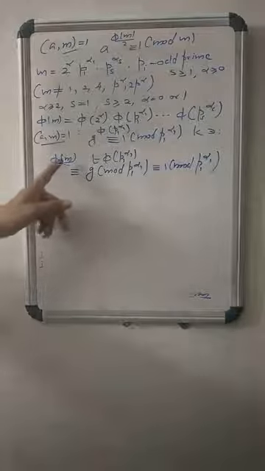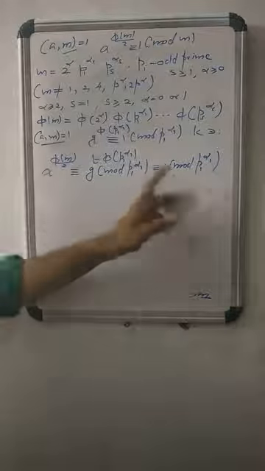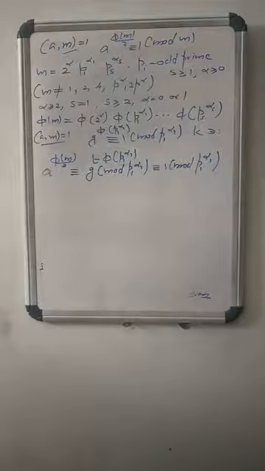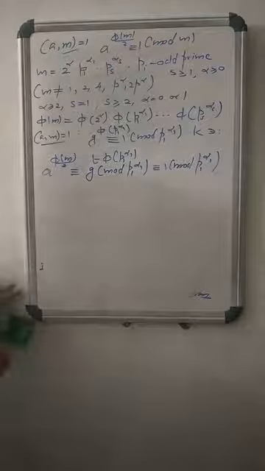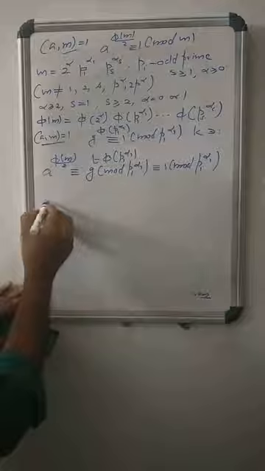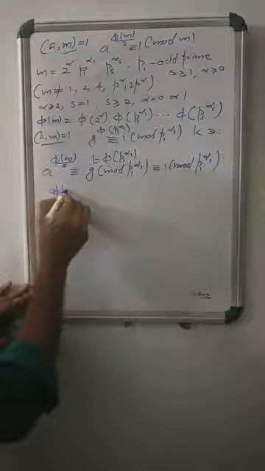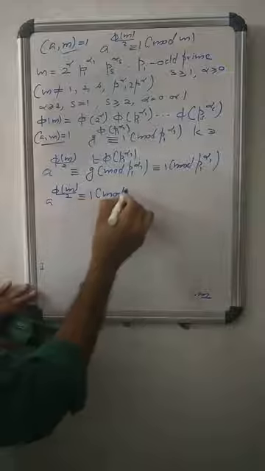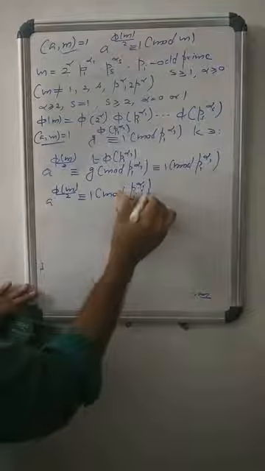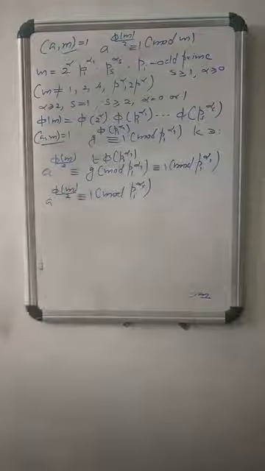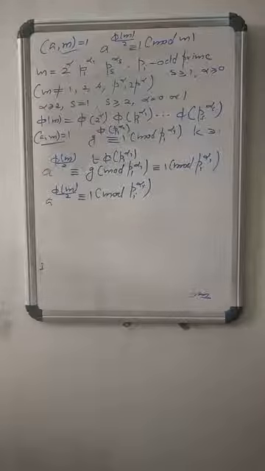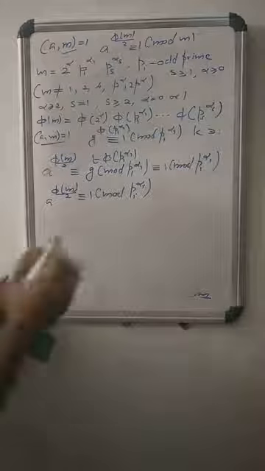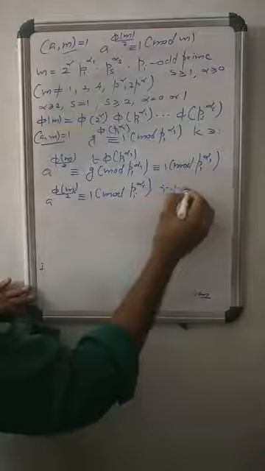So finally, a power phi of m by 2 is congruent to 1 mod p1 power alpha 1. In a similar way, we can show that a power phi of m by 2 is congruent to 1 mod pi power alpha i, where i equals 1, 2, 3, etc., up to s.